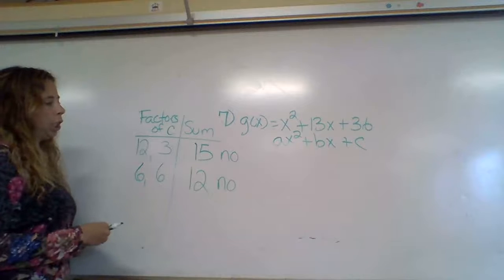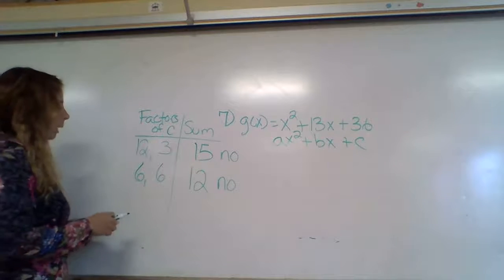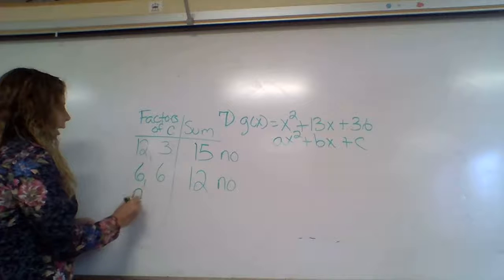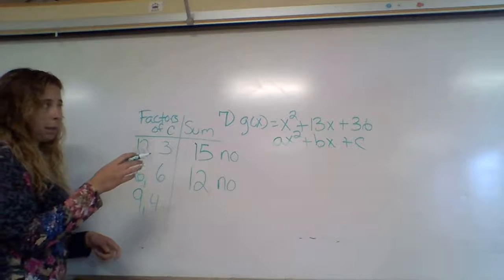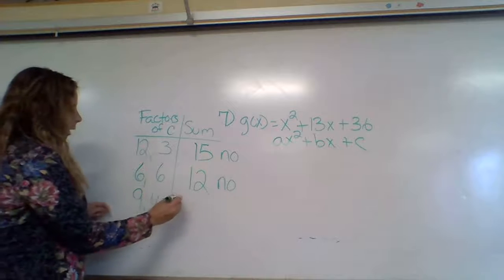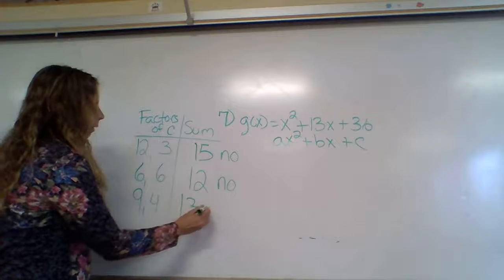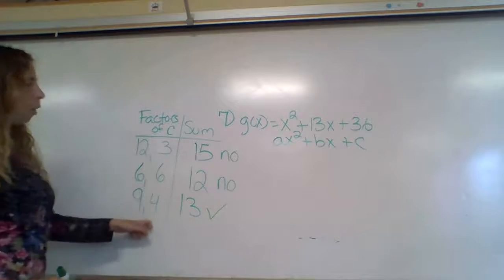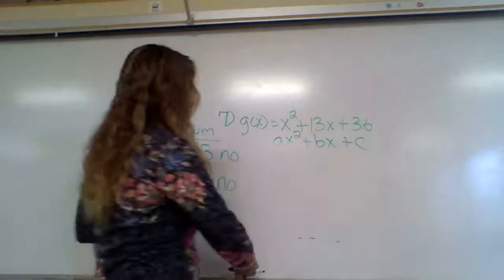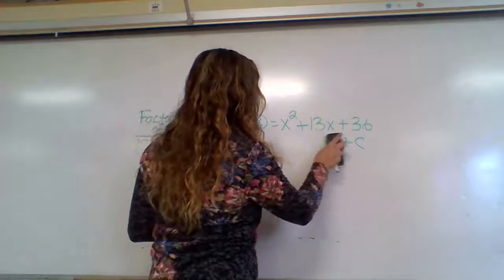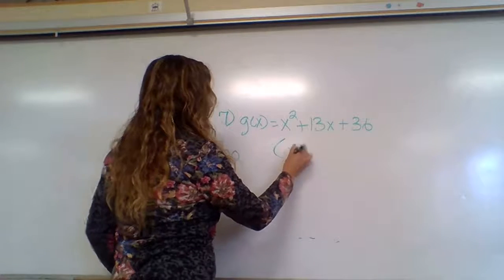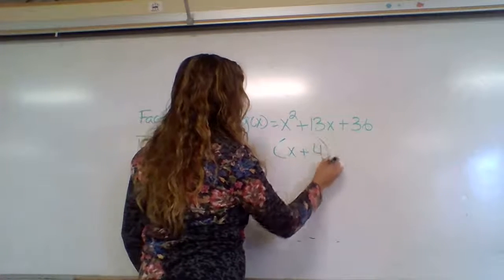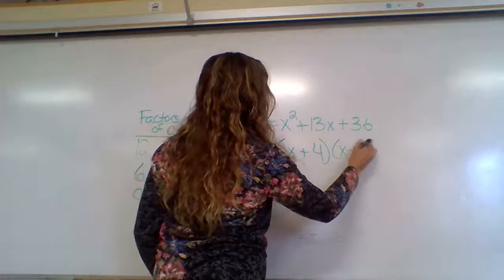Let's see what else. 9 and 4. 9 times 4 is 36, and 9 plus 4 is 13. Aha! So 9 and 4 are my factors. So my factors are x plus 4 times x plus 9.